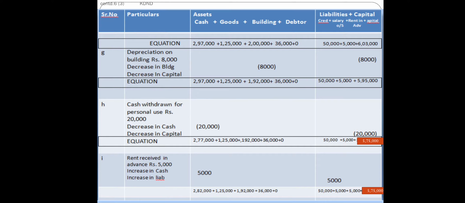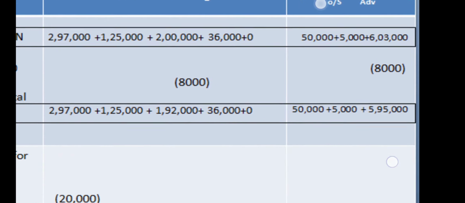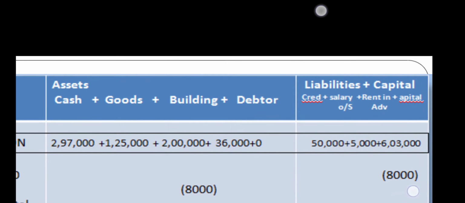So in this case we have to again form a new column. You can see the column which was carried forward, I have introduced in between: rent in advance, creditors plus salary outstanding plus rent in advance. When you are working in a notebook, you should always keep space between creditors and capital so that you can put in between the things that are required.